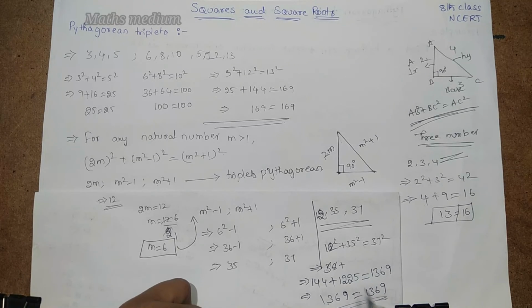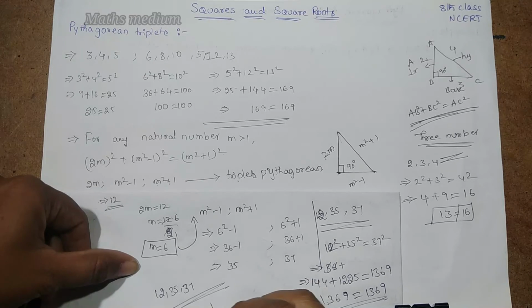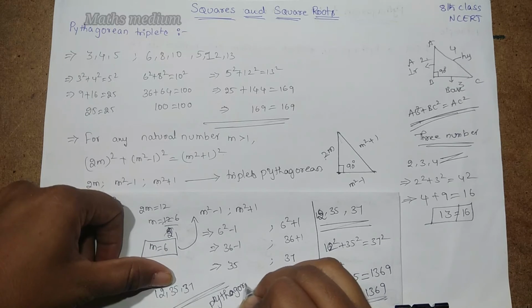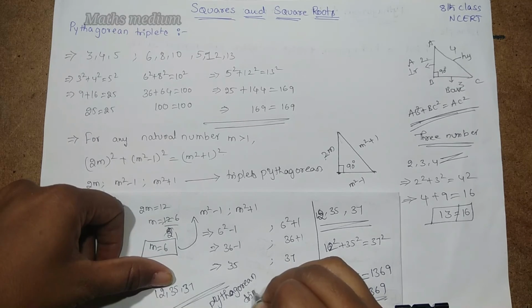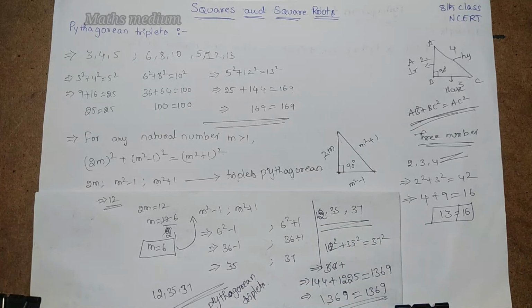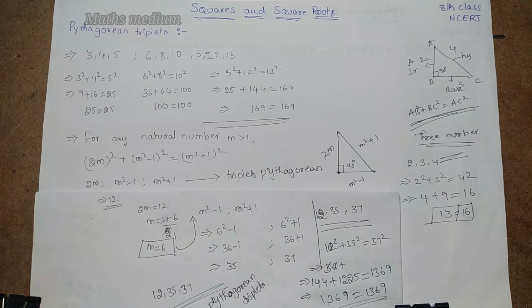See here, this is satisfied, that is 12, 35, 37 are the Pythagorean triplets. So this is about the Pythagorean triplets and how to find Pythagorean triplets based on the simple formula. I hope you understand this session.